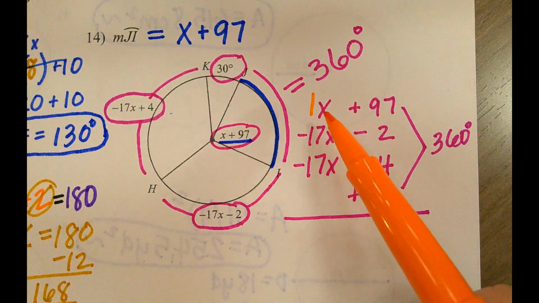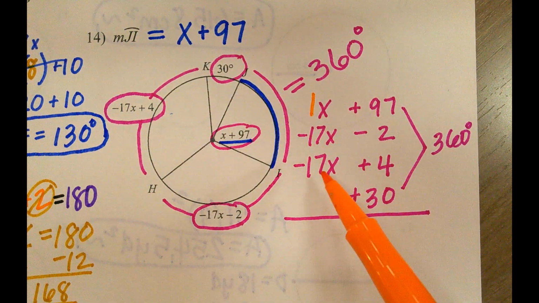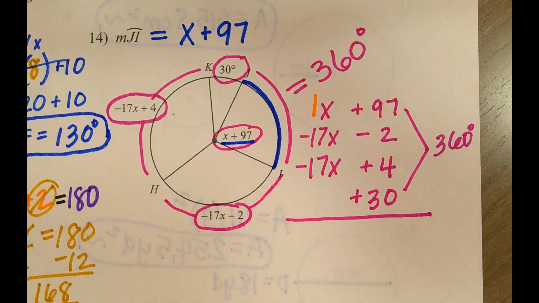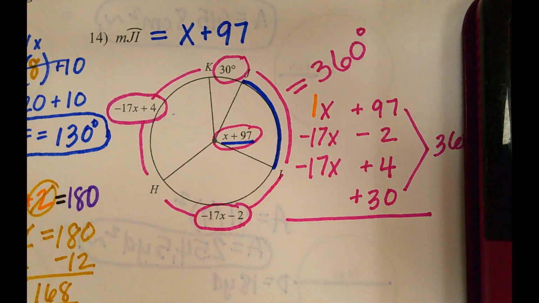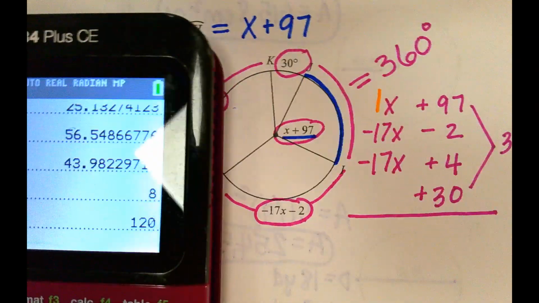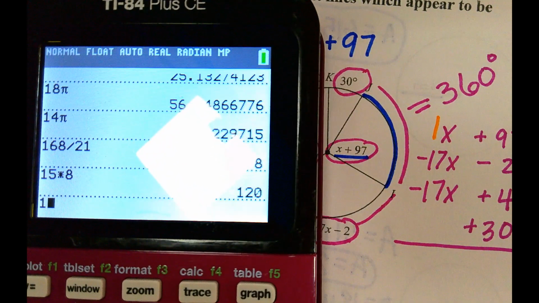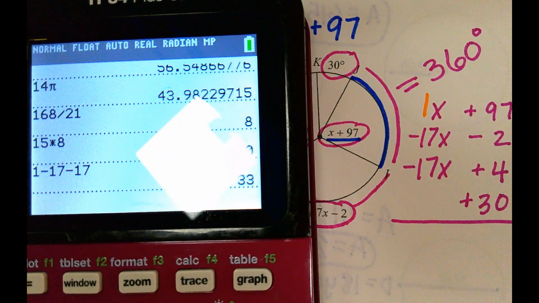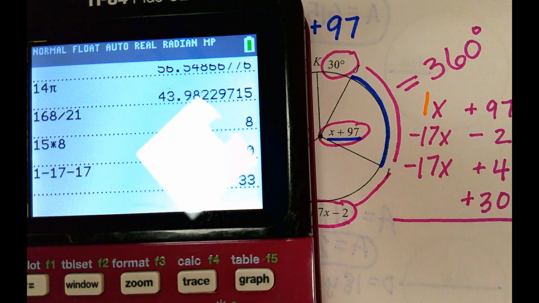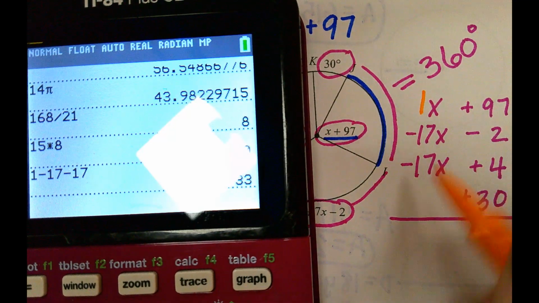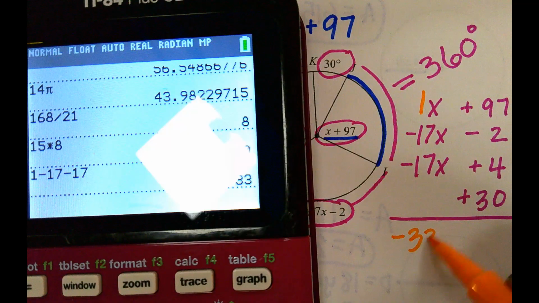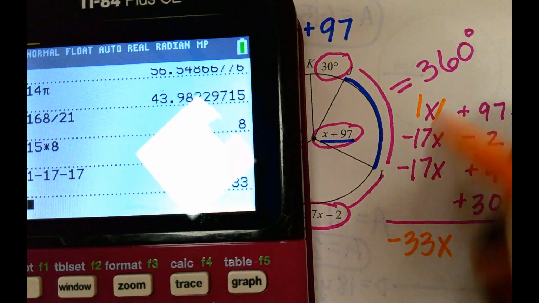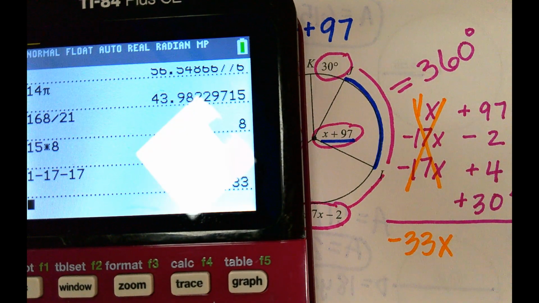So I have positive 1, minus 17, minus 17. Let's see what that gives us. 1 minus 17, minus 17. And I got negative 33 for my x. I've combined my x's.